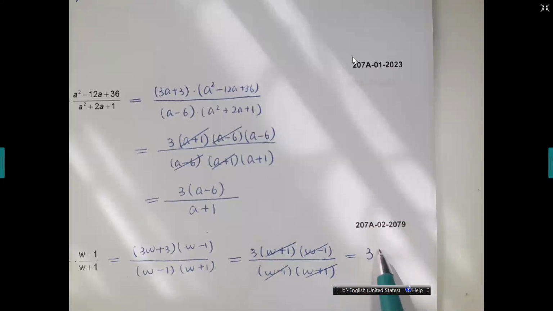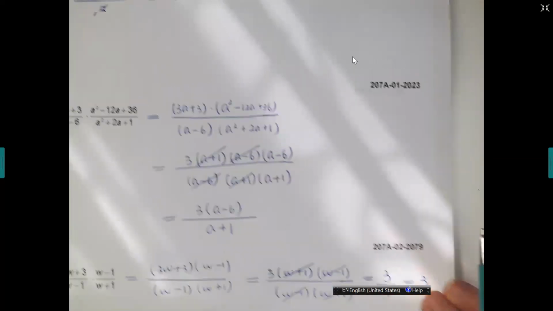It's supposed to be 1/3. So you cannot change the location. 3 is on the top. There is nothing left on the bottom. It means there is 1 left on the bottom. But again, 3 over 1 can be simplified. We'll just write down the 3 only. So 3 is the final answer.